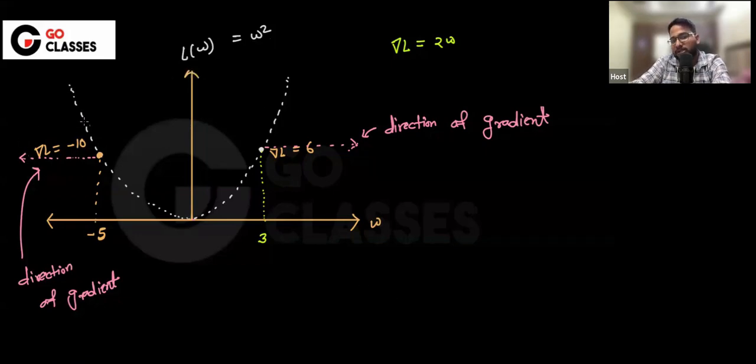Whether the loss is decreasing or increasing is what matters. The gradient could be increasing, going to minus 10, and finally it is zero, but let's not worry about the gradient. The value of grad L doesn't matter. The value of L matters.